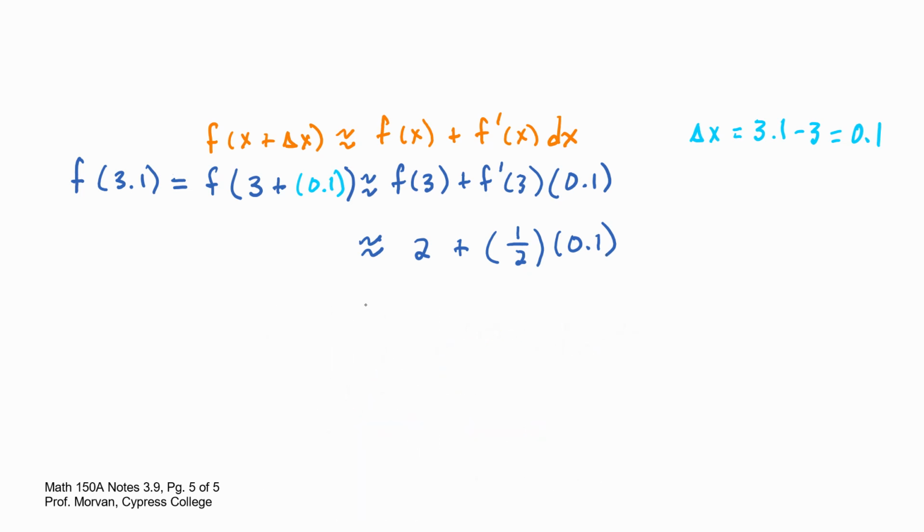So this becomes approximately equal to 2 plus half of 0.1, which is 0.05. So then we've just discovered that f of 3.1 is approximately equal to 2.05.